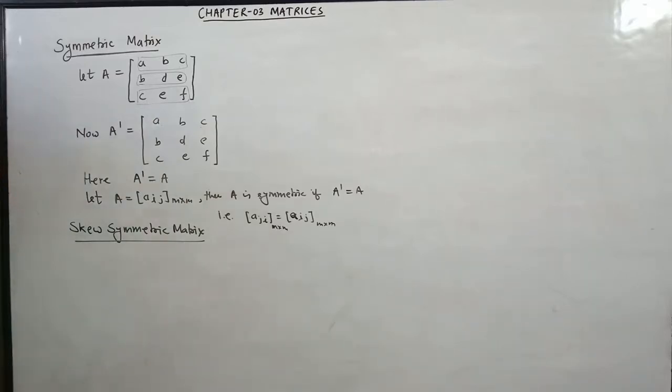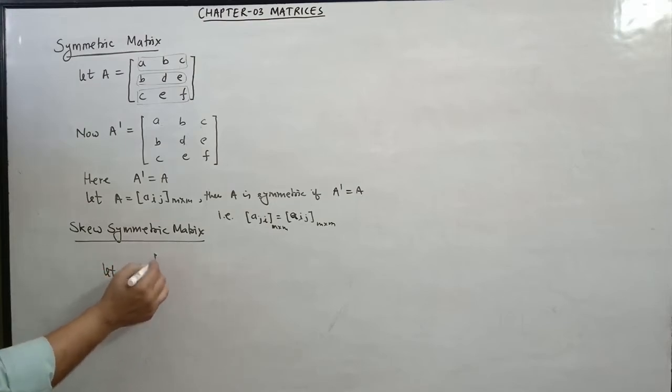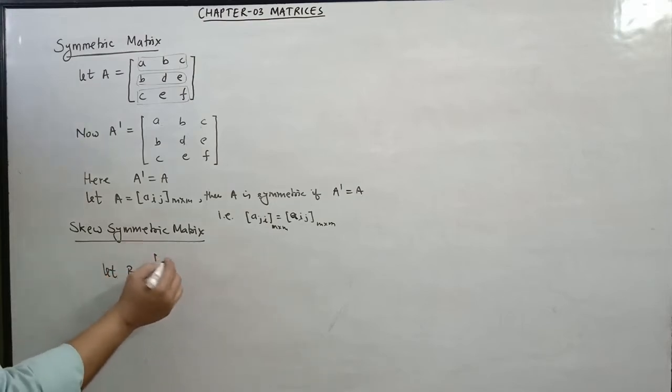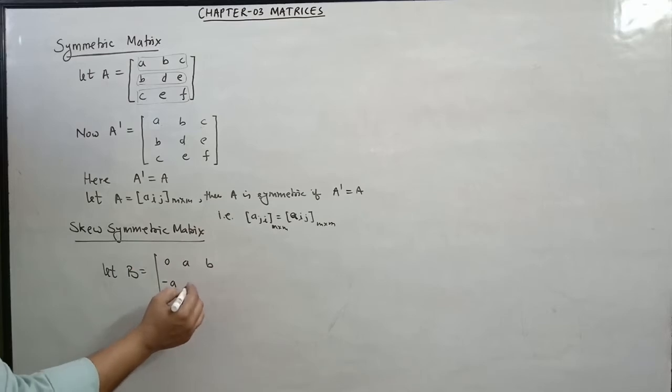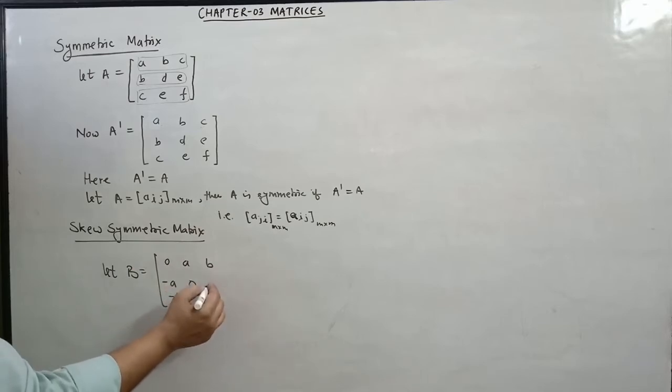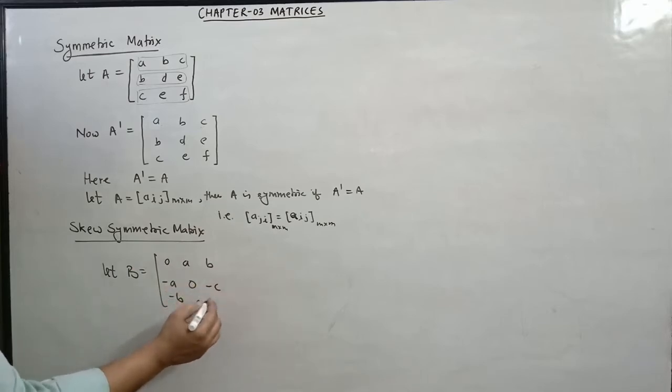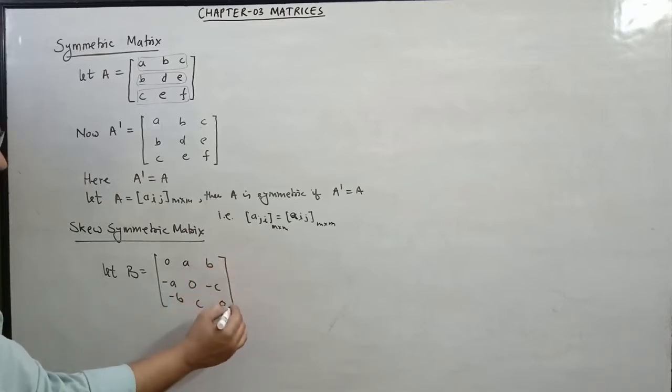Now let's take skew symmetric matrix. So we are taking an example. Let's take a matrix B. Suppose here we have 0 A B, minus A, 0, minus C, minus B, C, and this is 0. So this is a square matrix of order 3.